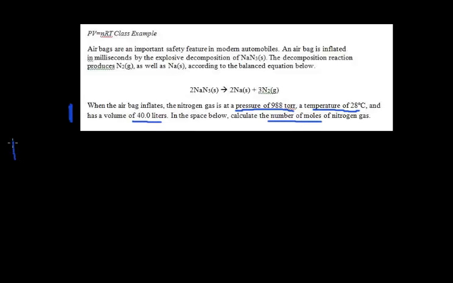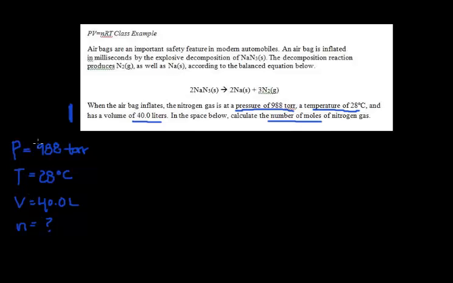The P, the pressure, was equal to 988 torr, temperature 28 degrees Celsius, volume 40 liters. N, it says, is actually what we're trying to calculate.